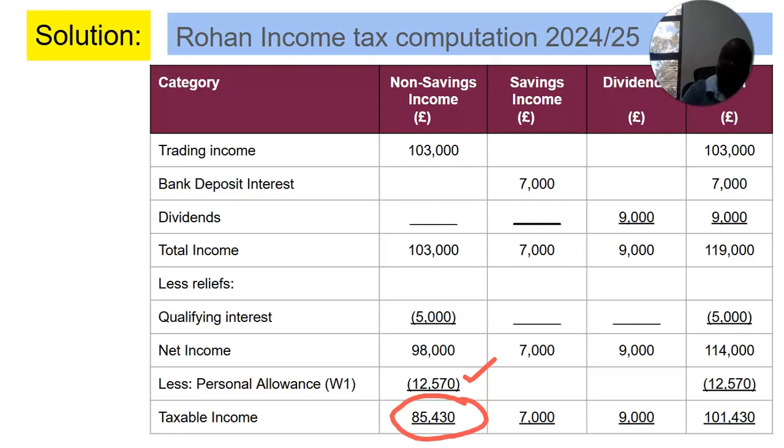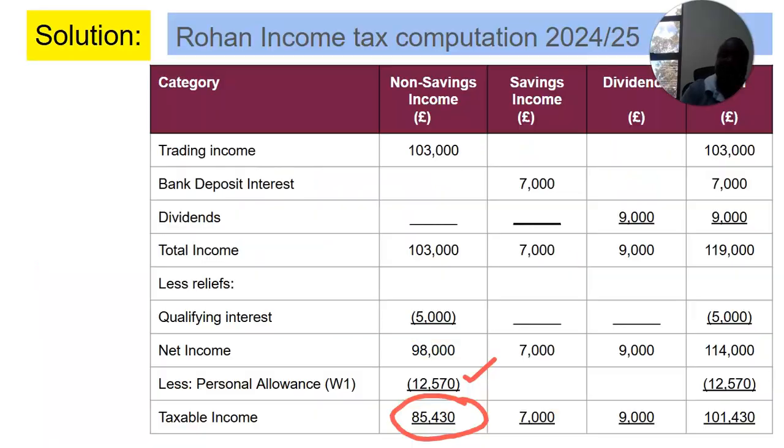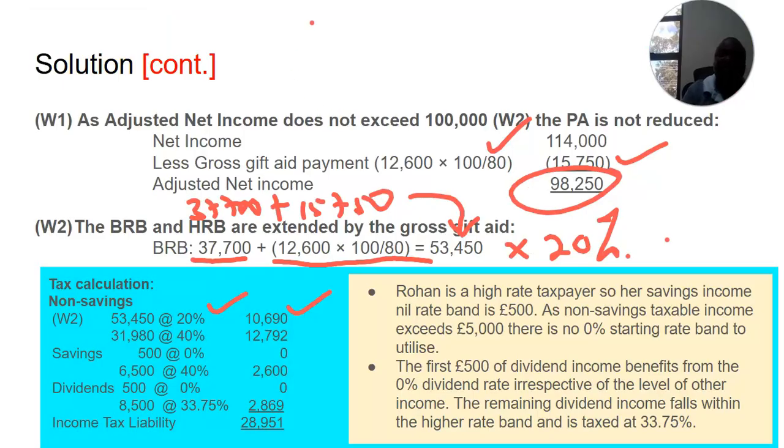It simply means that the balance now is 85,430 minus the amount that has already been treated, the 53,450.